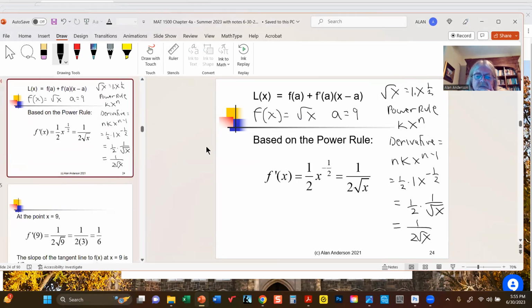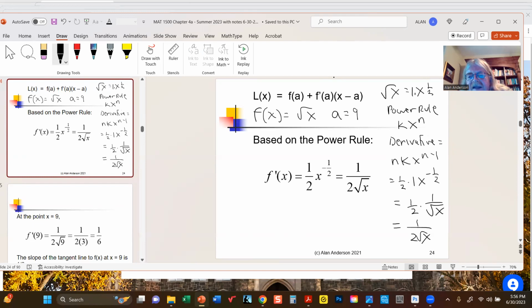So here's the formula. And then again, it's just the tangent line, L of x equals f of a plus f prime of a times x minus a. So we start by looking at a equals 9. And by the way, here I've shown with the power rule how to take the derivative of radical x. Just keep in mind that the square root of x is the same thing as x to the 1/2 power. There's an implicit 1 here for the coefficient.